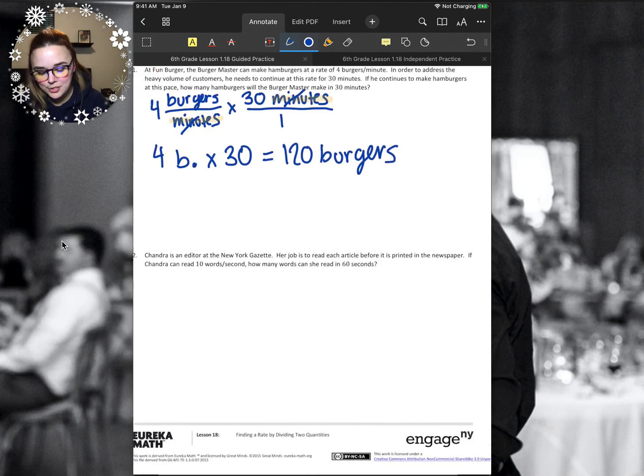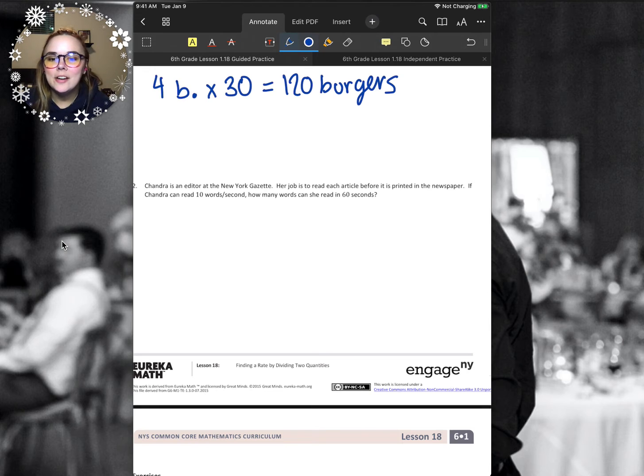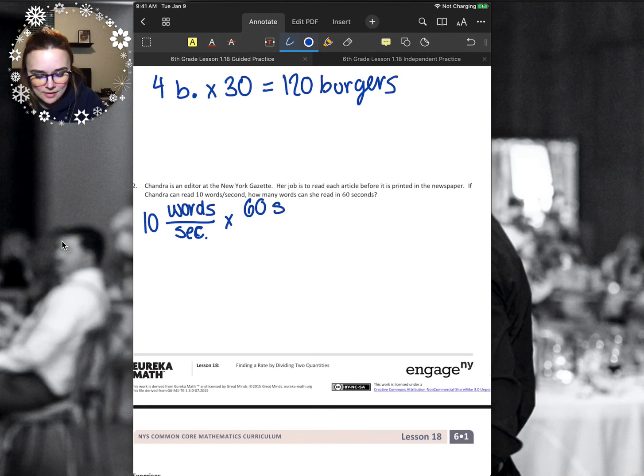Let's take a look at number 2. Chandra is an editor at the New York Gazette. Her job is to read each article before it's printed in the newspaper. If Chandra can read 10 words per second, how many words can she read in 60 seconds? So we're going to do the same thing. We have our 10 and then our words per second, and I'm going to abbreviate second with SEC, times 60 seconds over 1, because it's a whole number.